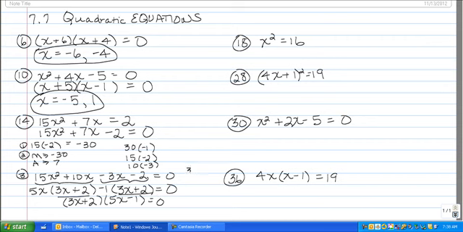So to get 3x plus 2 to be equal to 0, we need to subtract 2 and divide by 3. That gives us -2/3. And to get 5x minus 1 equal to 0, we need to add 1, divide by 5, and that gives us 1/5. So we're getting x equals -2/3 or +1/5.